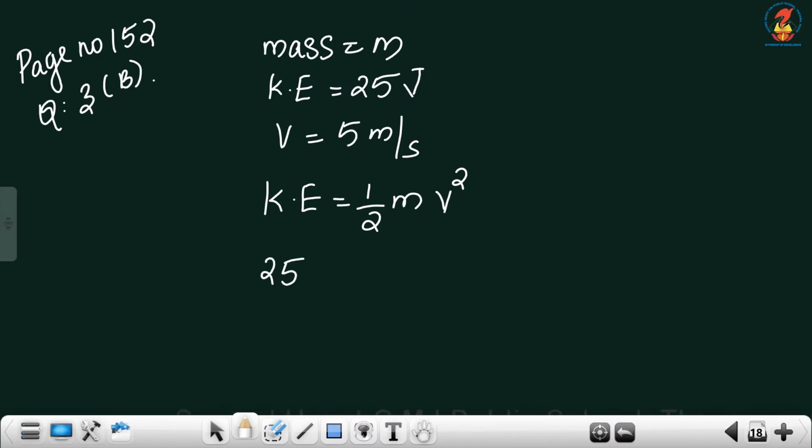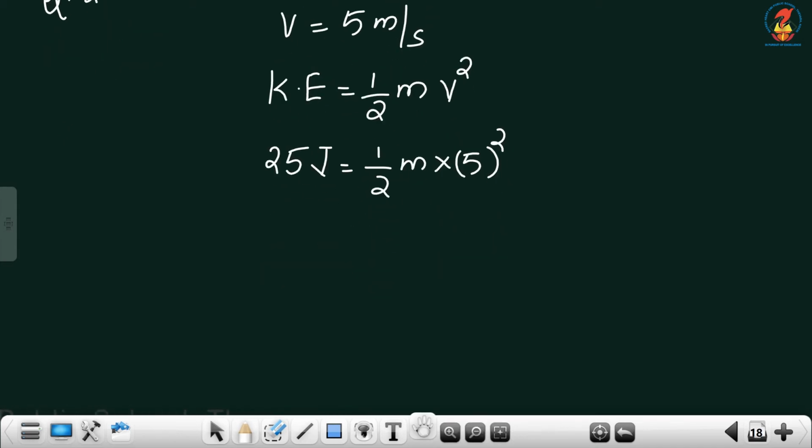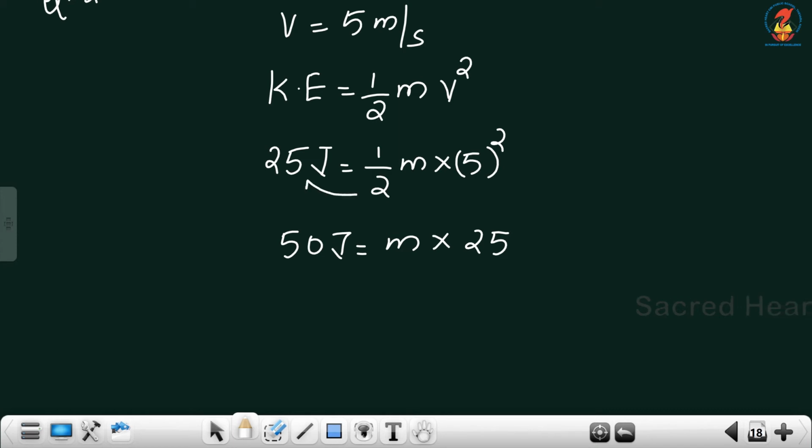So, 25 joule equal to half into m into 5 square. That is, 50 joule equal to m into 25, 5 into 5, 25. This 2 I cross multiplied here. So, 50 joule equal to m into 25.